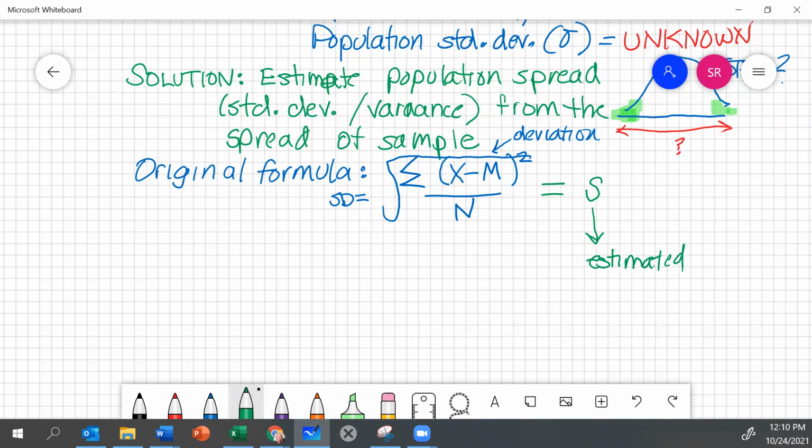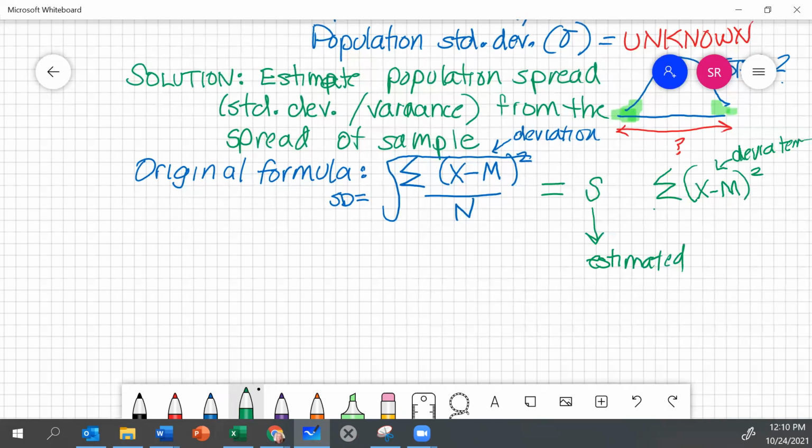The formula is exactly the same. We're still going to begin by taking the sum of all those squared deviations, which is x minus M. This still refers to deviations, each score minus the mean. We're going to square it.